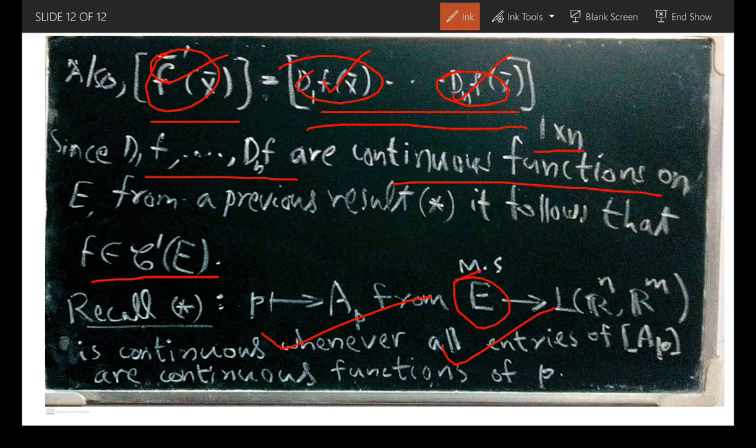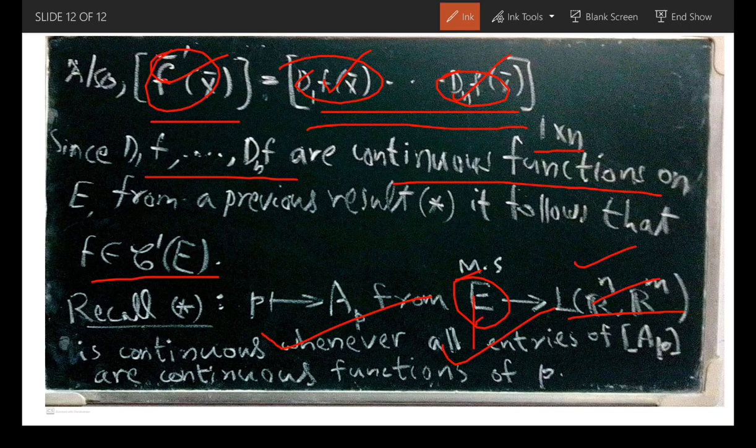So suppose that E is a metric space and I have a mapping of E into L of Rn, Rm, and L of Rn, Rm is already a metric space equipped with a metric, and that metric is induced from the operator norm of A minus B. That will give you the distance between A and B, whenever A and B are linear transformations from Rn to Rm. Okay, now suppose that I have such a setup.